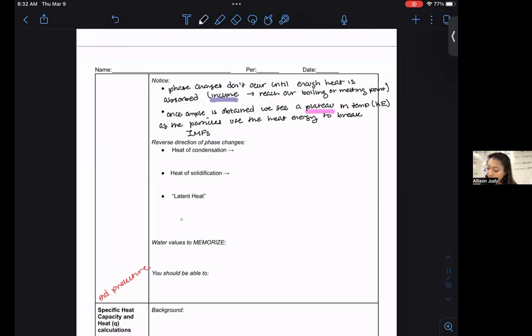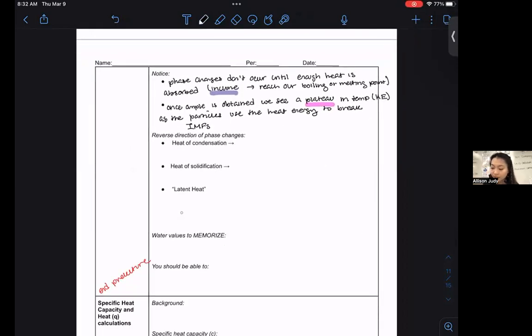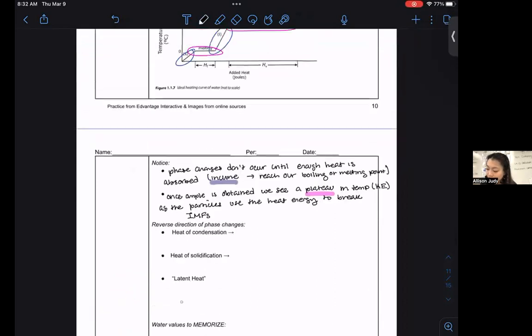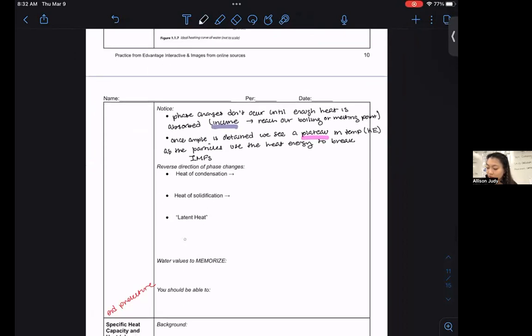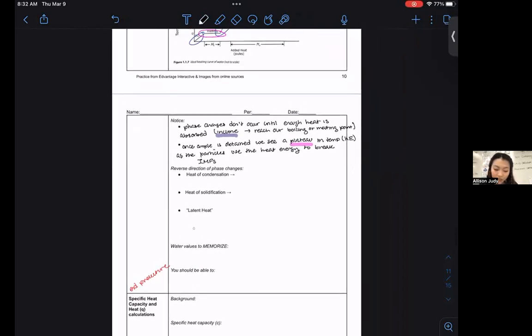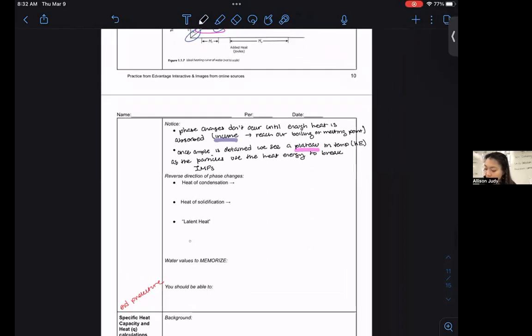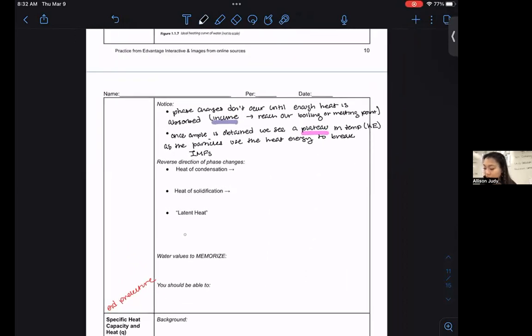But let me just summarize in general what's happening. If you were to reverse the direction of phase change, you'll read the graph from top right down to bottom left, and you would be reading heat of condensation, heat of solidification, or freezing transformations.